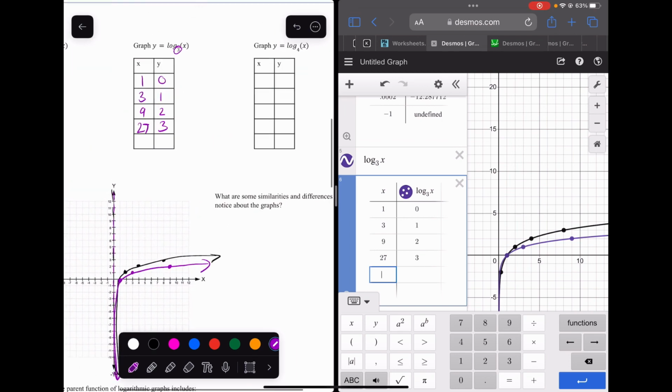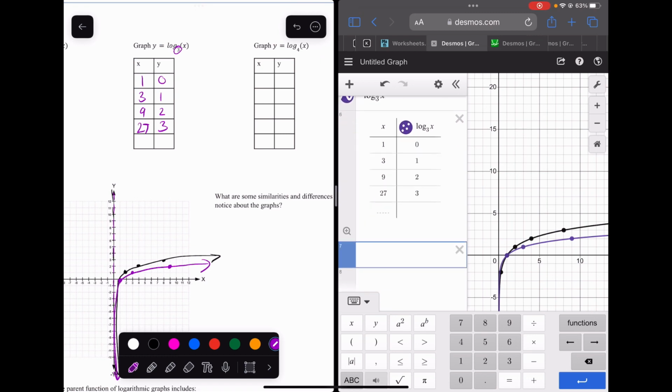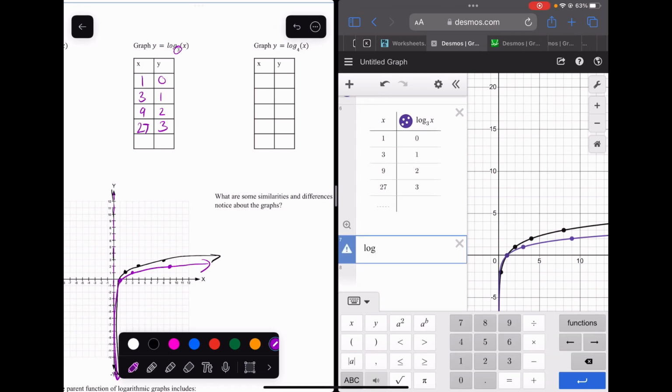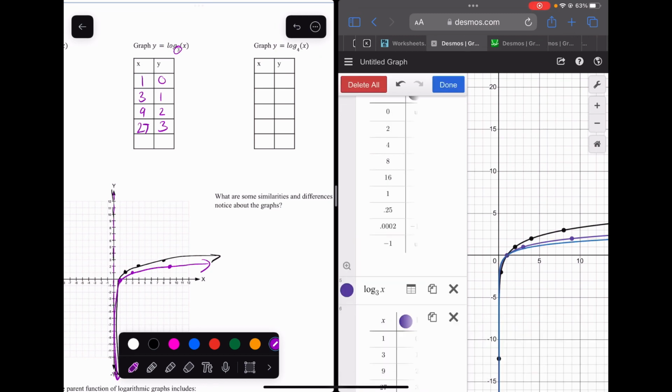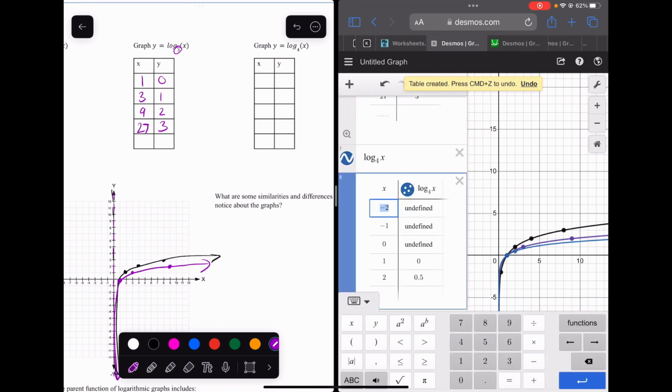All right. Now we've got another one to do. And we've got log base 4 of x. When I do this, I'm going to plug in my 1 that I always plug in.